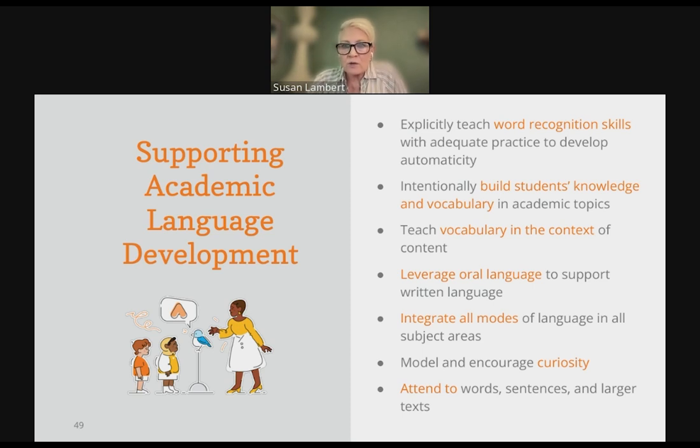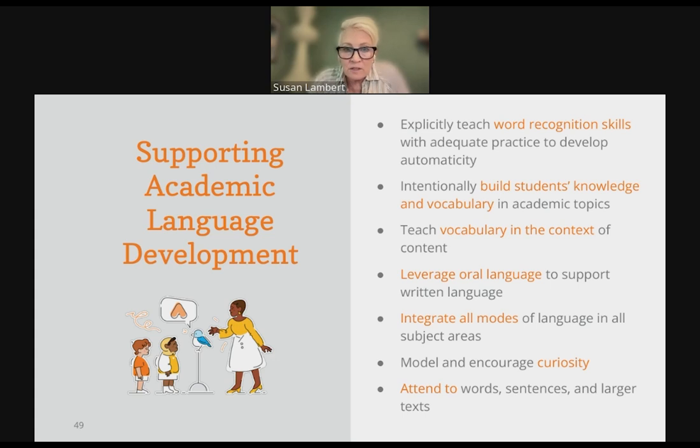First of all, you notice the first bullet point, explicitly teach word recognition skills with adequate practice to develop automaticity. That means that in the early grades, if we don't have automatic word recognition, and that doesn't mean memorizing words, that means kids are actually learning sound spelling patterns. They're practicing that with reading and writing words.